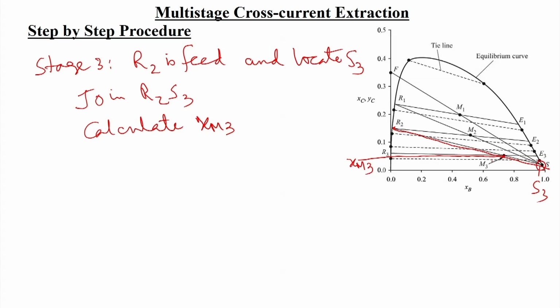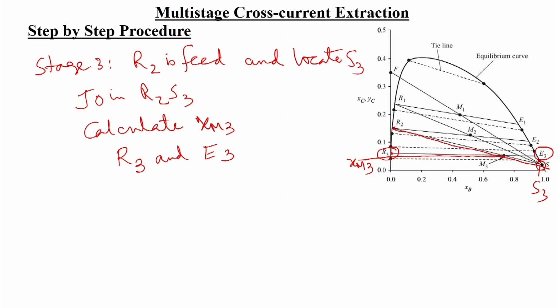Then we are allowing this system to be separated into R3 and E3. Okay. So, this system will go on, and from there we will get the compositions x3 and y3.